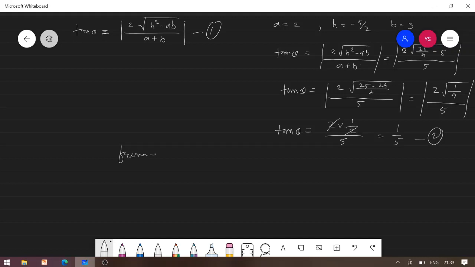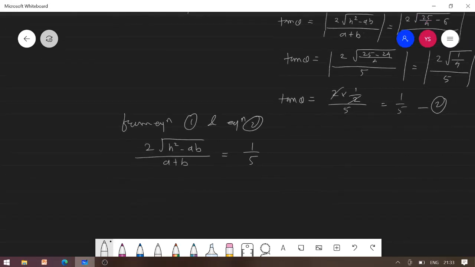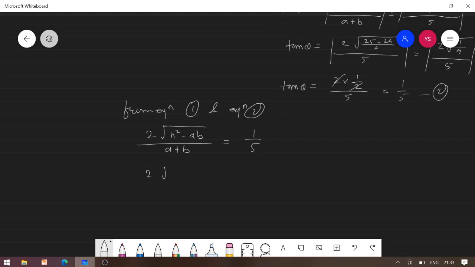So from equation 1 and equation 2, we have 2 times root of h² minus ab divided by a plus b equal to 1/5. So that implies 2 times root of h² minus ab, after shifting 5, 5 twos are 10, so 10 times root of h² minus ab, after shifting a plus b, 1 into a plus b becomes a plus b.